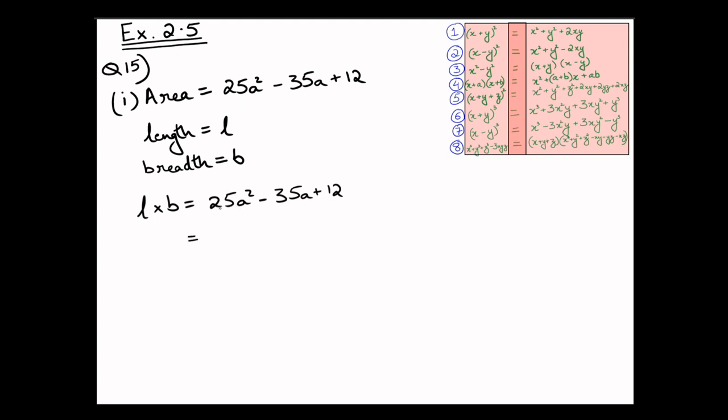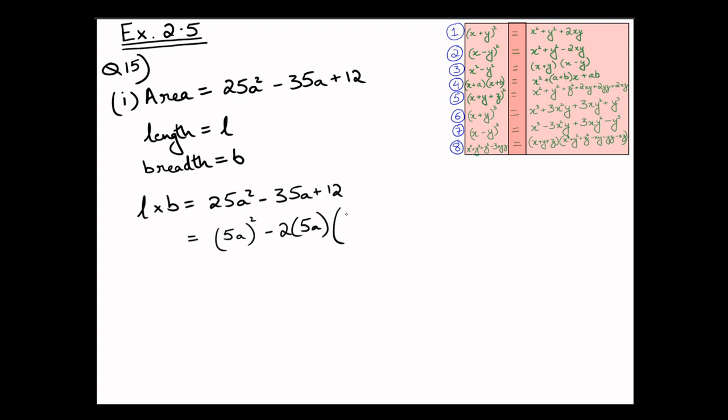I'm going to write this as a perfect square. So this becomes 5a whole square minus, I want to introduce the term 2 into x into y. So let me write this as minus 2 into 5a, and let's see what I'm left with.